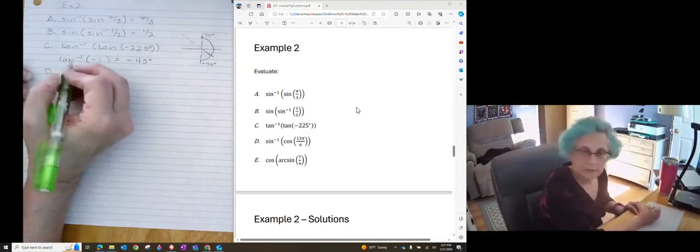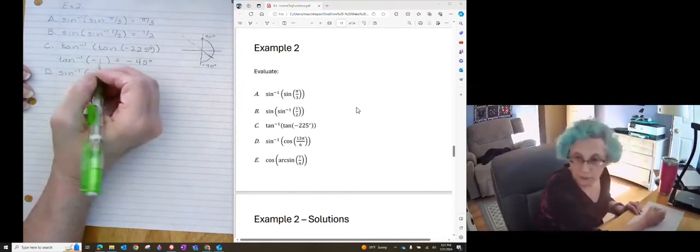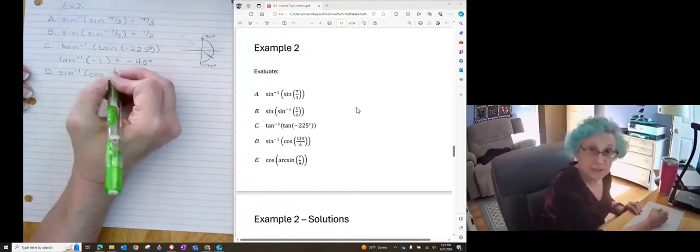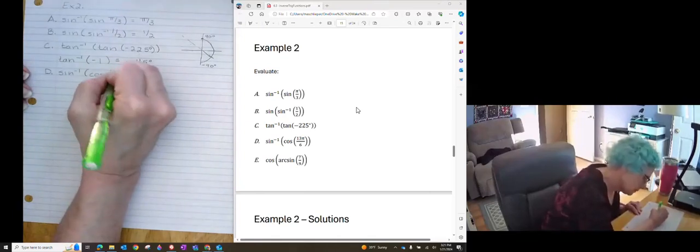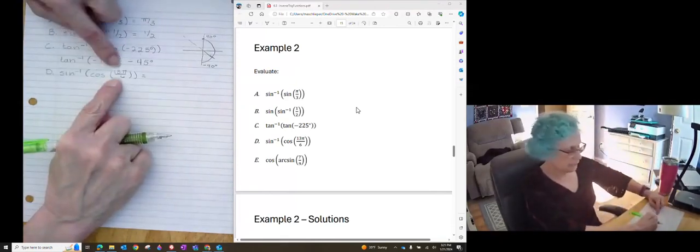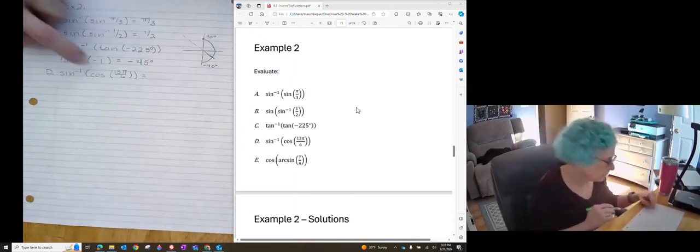Let's look at the inverse sine of the cosine of 13 pi over 6. So 13 pi over 6 certainly is not within our restricted domain.